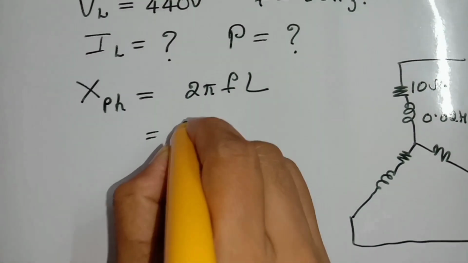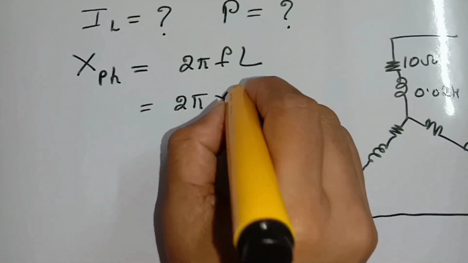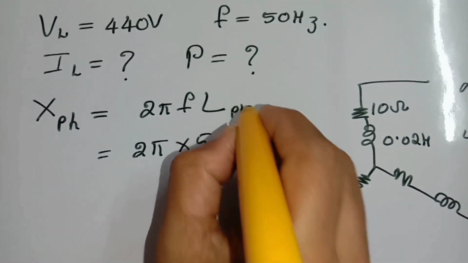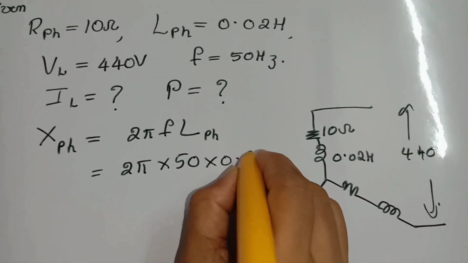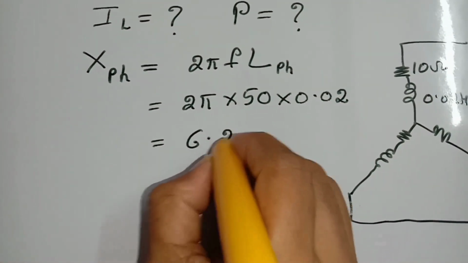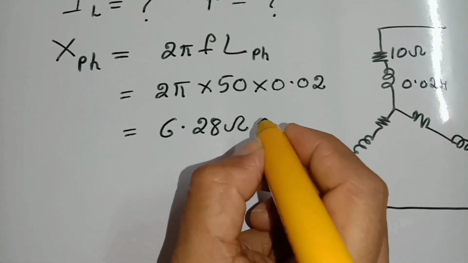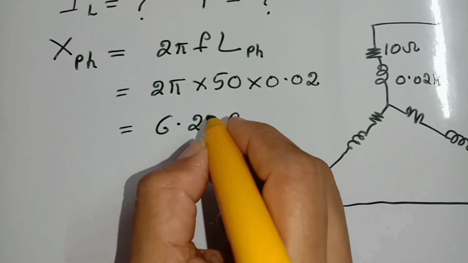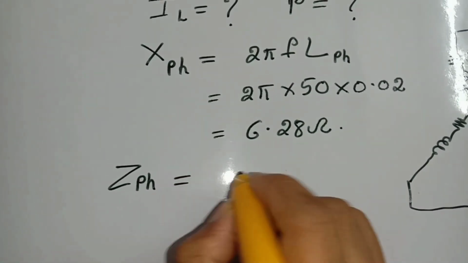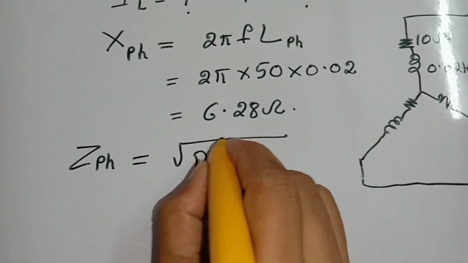So it is 2 pi into frequency is 50. L is nothing but per phase inductance. It is 0.02, which will get it as 6.28 ohm.